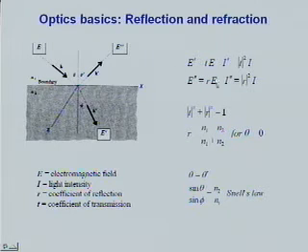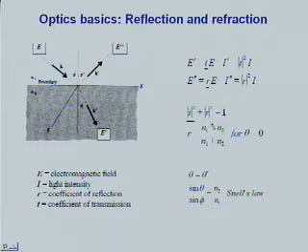So the field that is going to be reflected is going to be the falling field times the coefficient of reflection. The field that is going to be transmitted, this is T here, is the falling field times the coefficient of transmission.